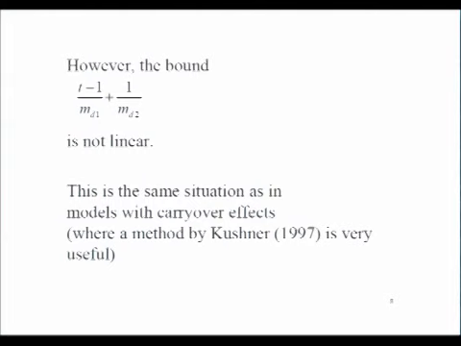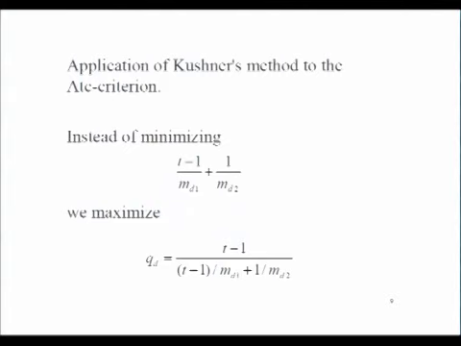So we thought, why not try to apply this method to our situation here on a simple block model. So that's what we try to do. The first step is, instead of minimizing the criterion we actually want to minimize, we maximize the inverse, 1 over the criterion. That's an easy step.